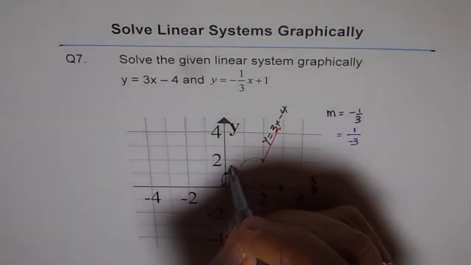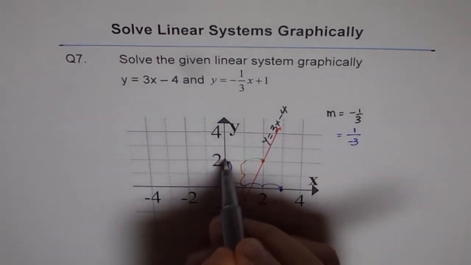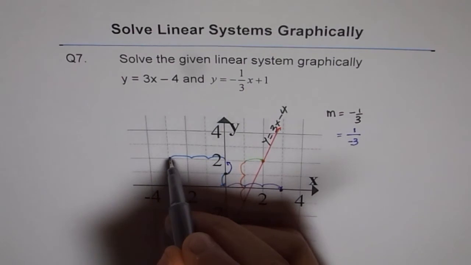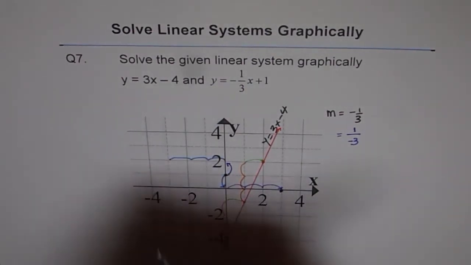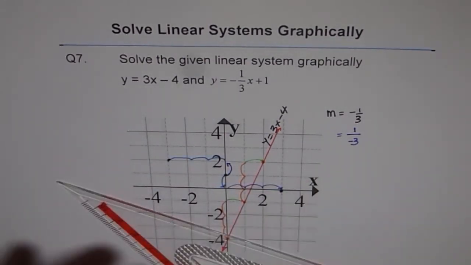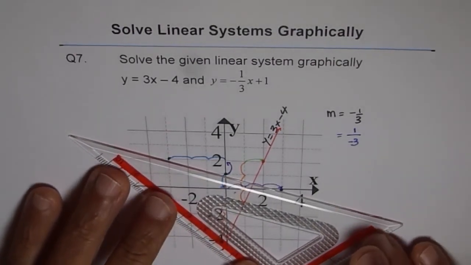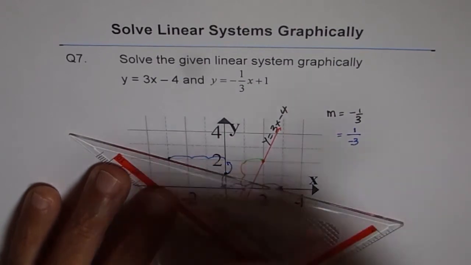So let's go up by 1, and left by 3, which is 1, 2, and 3. And we land on another point. So we have 3 points here, good, 3 points to join and get us the sketch of the line. Now this is the line joining these 3 points.